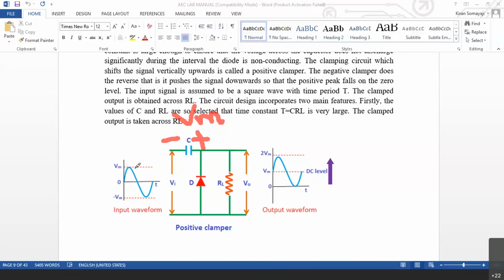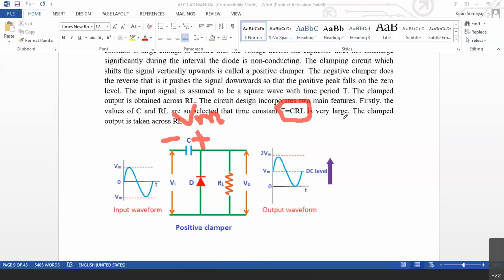Now you may ask a question: if the capacitor gets charged, will it not get discharged in the other cycle? It will not get discharged in the other cycle based on one particular condition. The condition is the frequency of the waveform must be much larger than this RC time constant. Which means, see here, tau equals C into RL must be much larger.